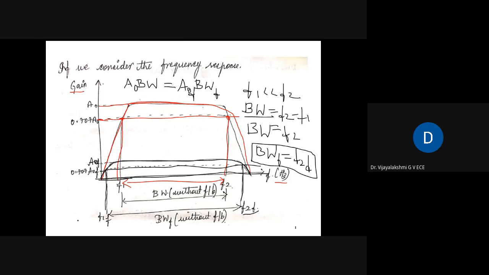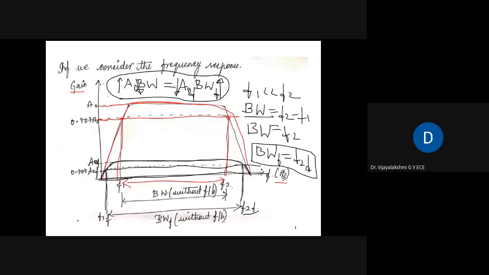Why? Because here A naught is more and bandwidth is less, and here A naught is less and bandwidth is more. So the gain bandwidth product of the amplifier with feedback will be the same as without feedback. Okay, this is very, very important.